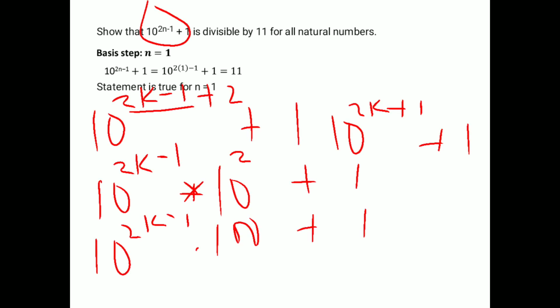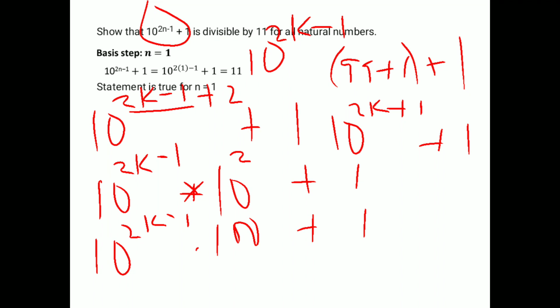So this 100 we can now write as 99 plus 1, in order to get back what we are looking for. So we are going to have 10 raised to power 2k minus 1 into 99 plus 1, then plus 1.